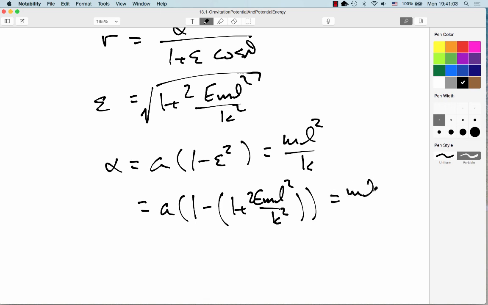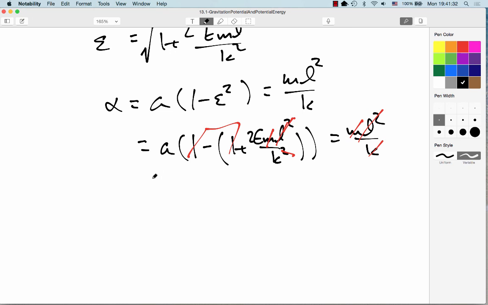That's equal to ml squared over k. The ones kill each other, so that's something. We're left with a minus sign here, so we can't forget that. Otherwise, we can cancel these m's, the L squareds, and 1 power of k. So we can rewrite this as the energy is minus k over 2a.